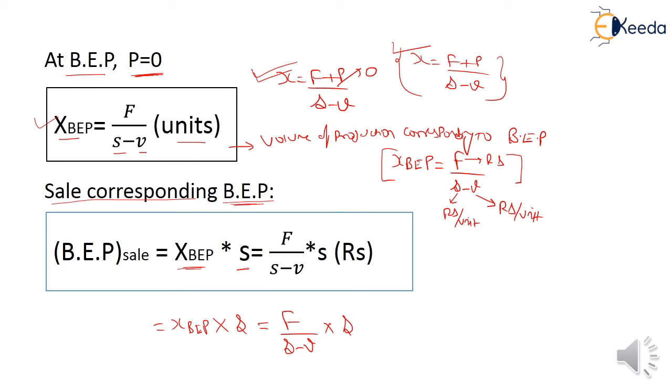So this represents the sale corresponding to the break even point. If the examiner asks what is the sale corresponding to break even point, we can apply this formula directly. Here F is the fixed cost in rupees, small s is the selling cost in rupees per unit, and v is the variable cost in rupees per unit. Clear to all students? So let's move to the next slide.